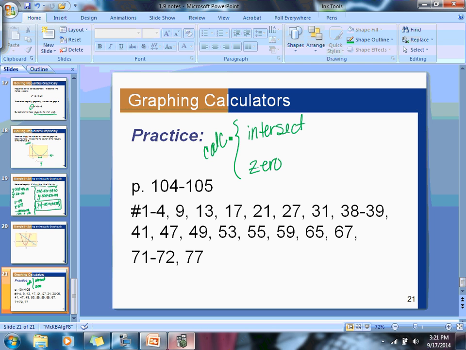And so your job is to practice this homework and do some graphing and really get a good handle on when you need to do an intersection and when you need to do a 0 option in your calculator to get the solution. Remember, 0 is when your graph is crossing an axis. Intersect is where you have two graphs that are intersecting and you're trying to find where they intersect.